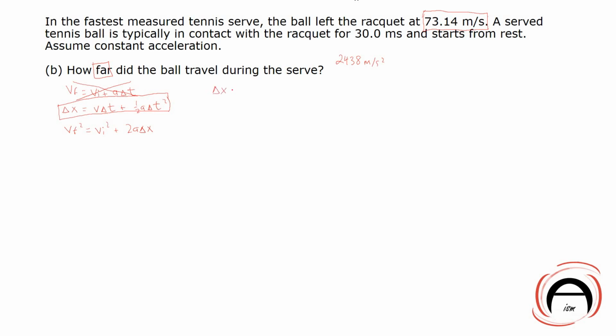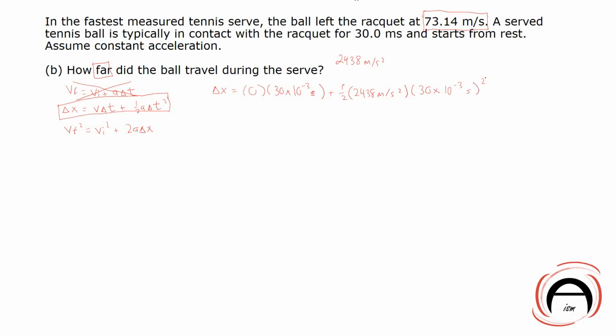So delta x is equal to our initial velocity, 0, times 30 times 10 to the negative third seconds, plus 1/2 times our acceleration, 2,438 meters per second squared, times 30 times 10 to the negative third seconds, squared.